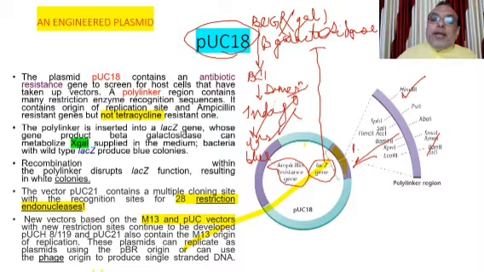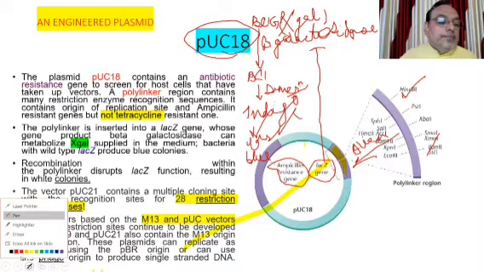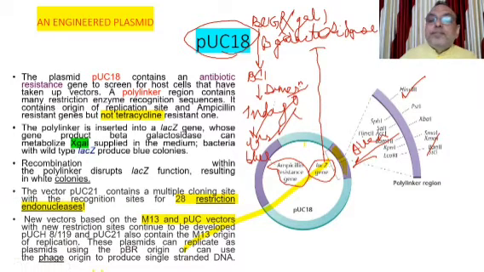So alien DNA will be integrated. Where will it be integrated? In the lacZ gene. Now we can see that this alien DNA has been integrated at the lacZ site, because it has so many restriction sites.